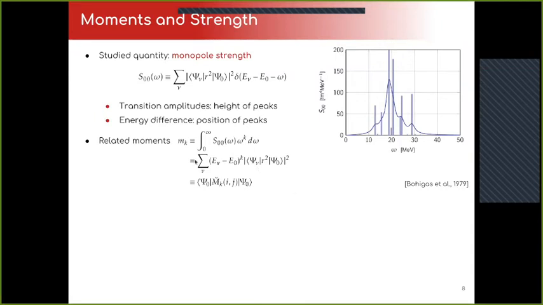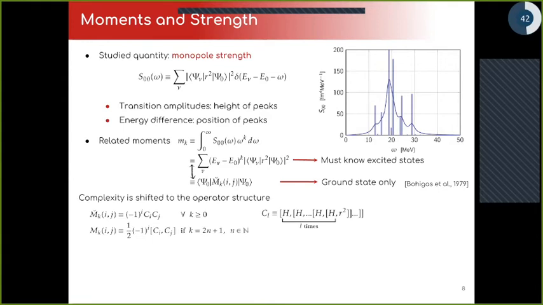The first one is described by this discrete representation of the moments, but then we also have another equivalent expression for computing them, for which we only need to know the ground state of the problem.